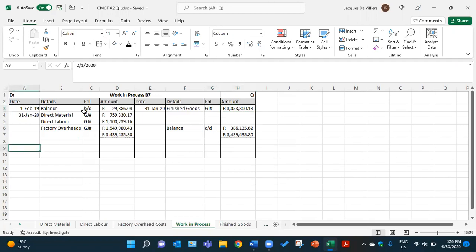And then on the first day of my new financial year, I have a balance that I'm bringing down, and it is the same balance that is there, once again for the same reason. If I have a balance of 386, 135 and 62 cents, I'm not going to lose money over midnight. It will still be the exact same amount the next day.